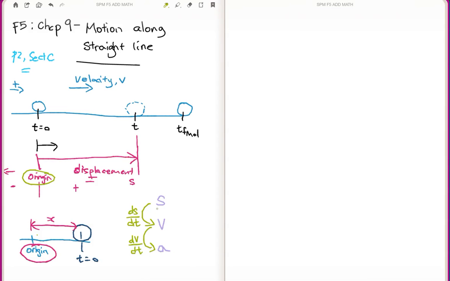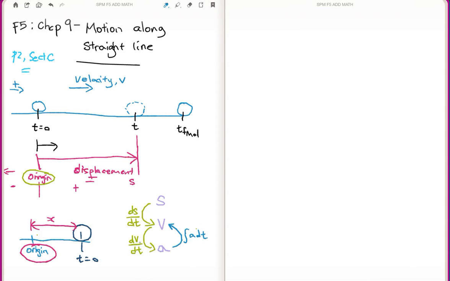If you want to go from displacement to velocity, you differentiate the equation for displacement. Likewise, if you are given acceleration and want to look for the velocity, you need to integrate a dt. It works the other way around.